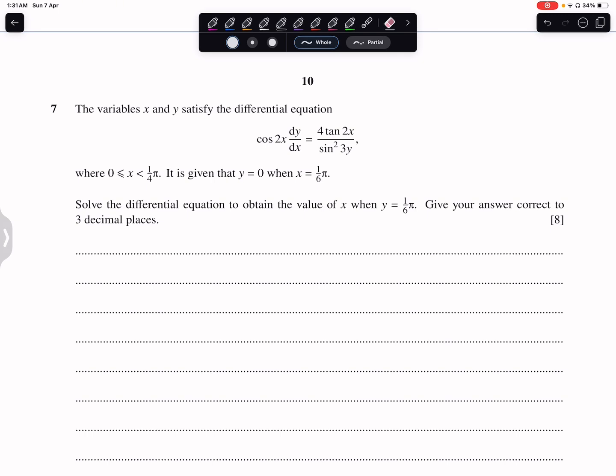Student, next we have question 7, and that is from differential equations. In this question you will learn 2 new integrals, and you haven't had such types of integrals in the past 10 years.